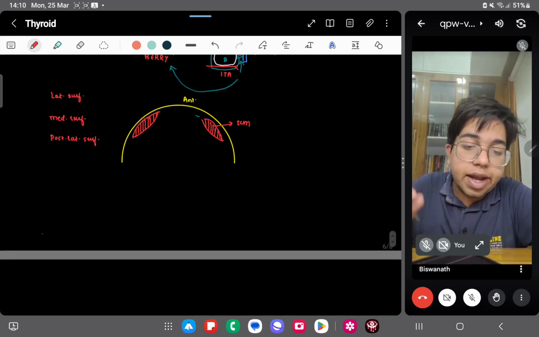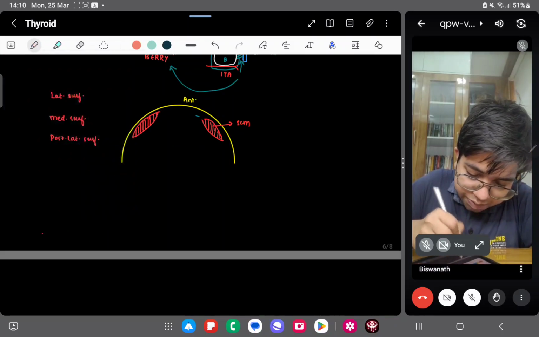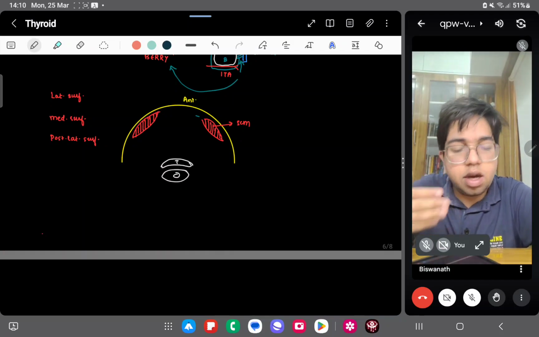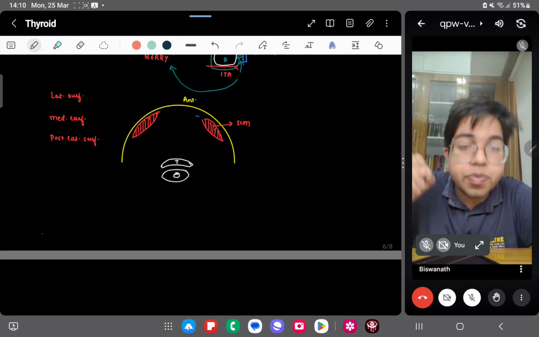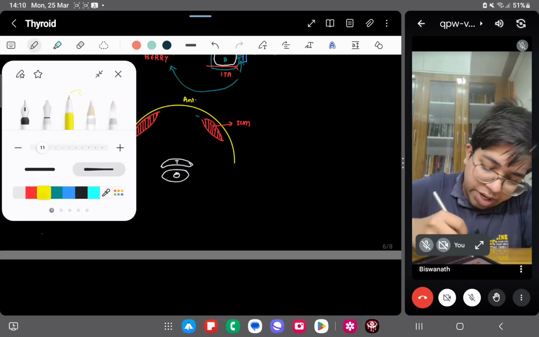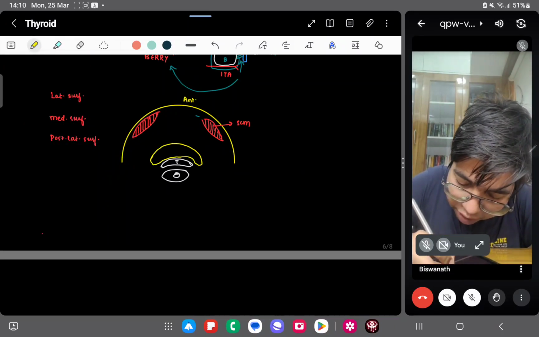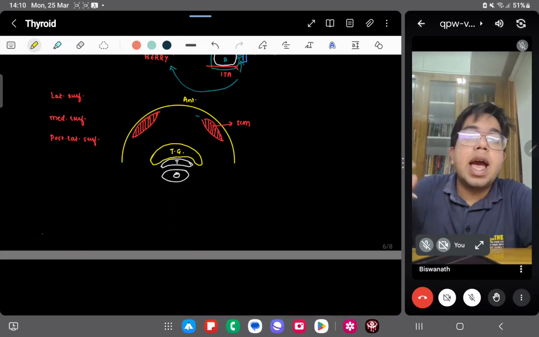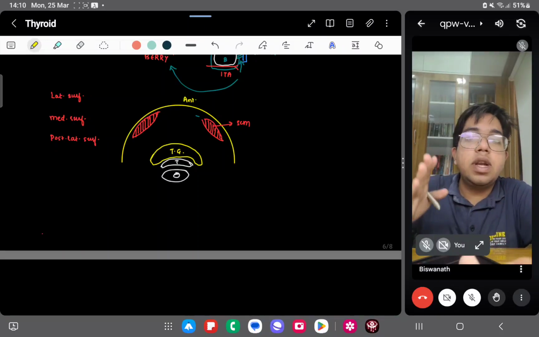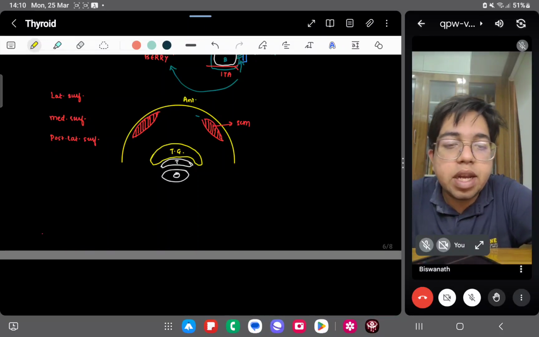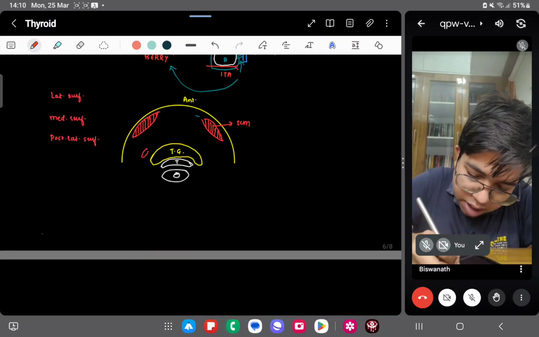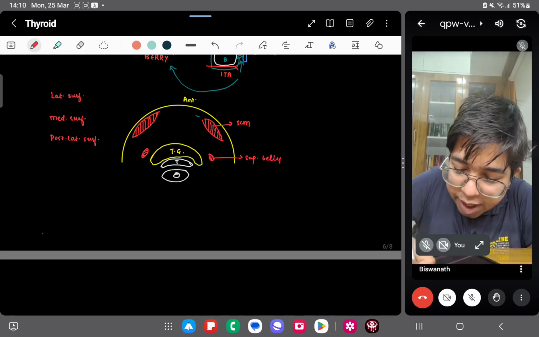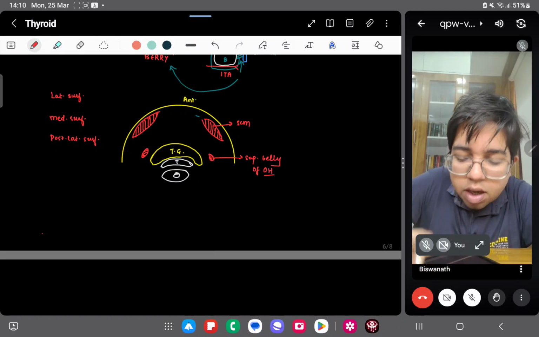Then we have the trachea, and the esophagus behind it; the trachea lies in front of the esophagus. Here we have our thyroid gland, TG, not triglyceride. Lateral to the thyroid gland, we'll find the superior belly of the omohyoid muscle, OH.